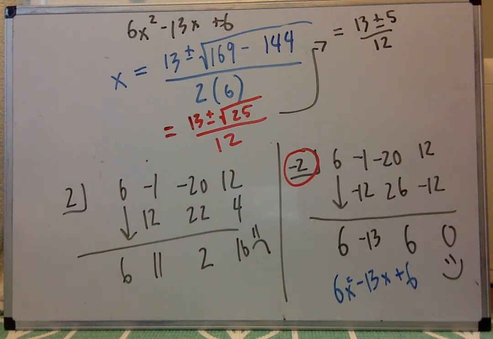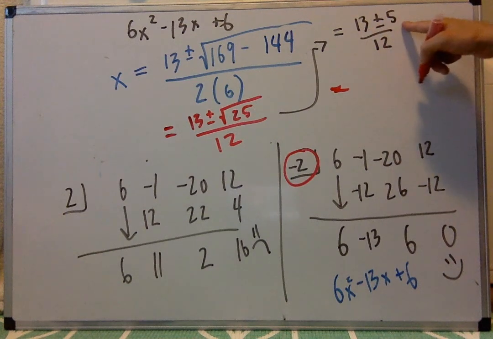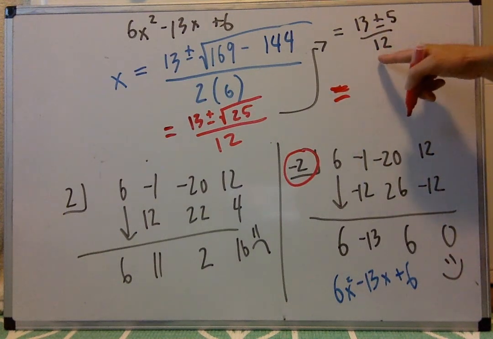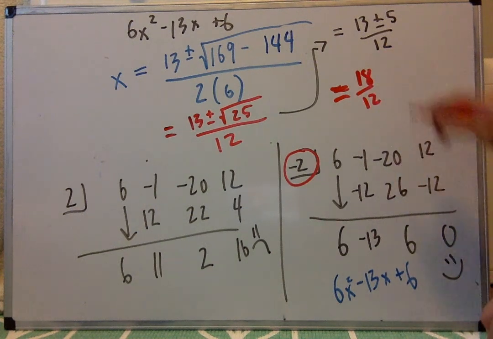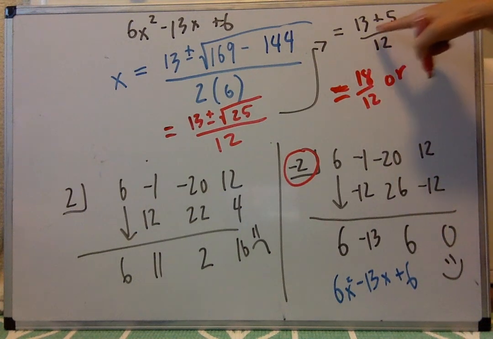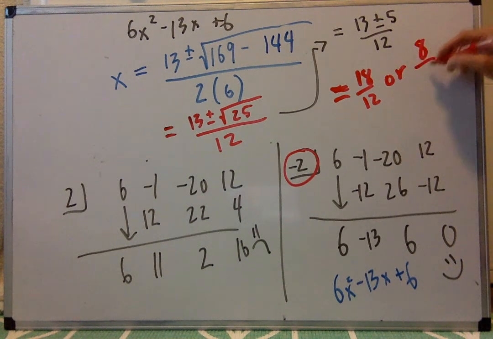Okay, nice. It's a nice number. So which is, if I take the positive, 13 plus 5 is 18 divided by 12. So 18 twelfths. Or if I take the negative, 13 minus 5 is 8 divided by 12.